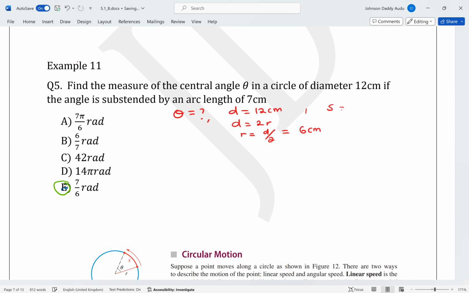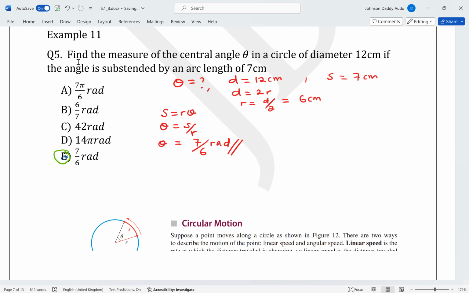S is also 7 centimeters. So we know that S equals r theta. So theta is S over r, which is simply 7 over 6. So this is theta, and the unit has to be in radians. Okay.